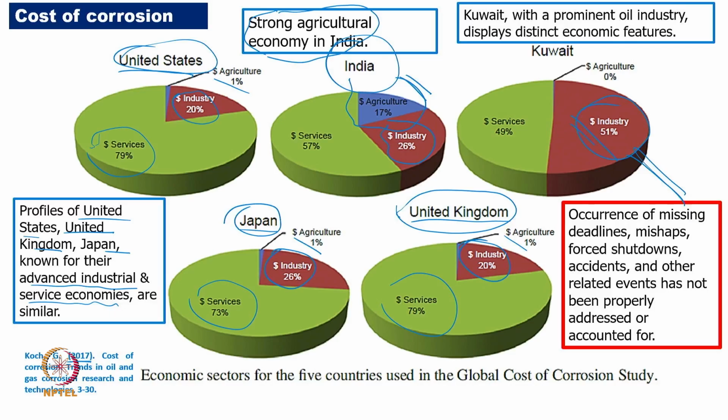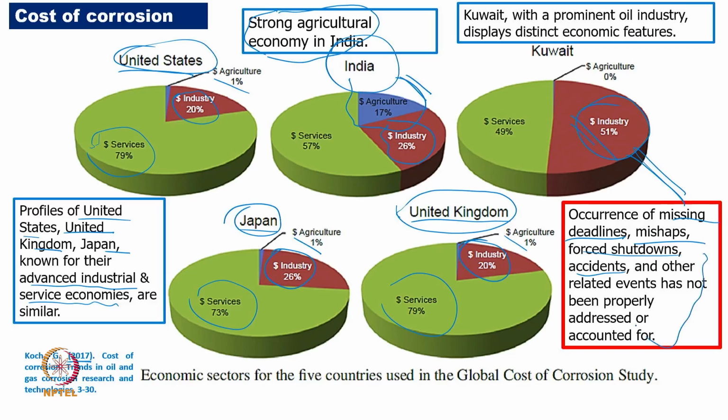However, there is something that is not in this paper, and that is what needs to be emphasized. We say there is the occurrence of missing a deadline because of some failure, so we are not able to meet the deadline, and if so there will be some cost. It has not been accounted for. Mishaps, forced shutdowns of industries or machines, and the various accidents which happen because of corrosion are not counted.